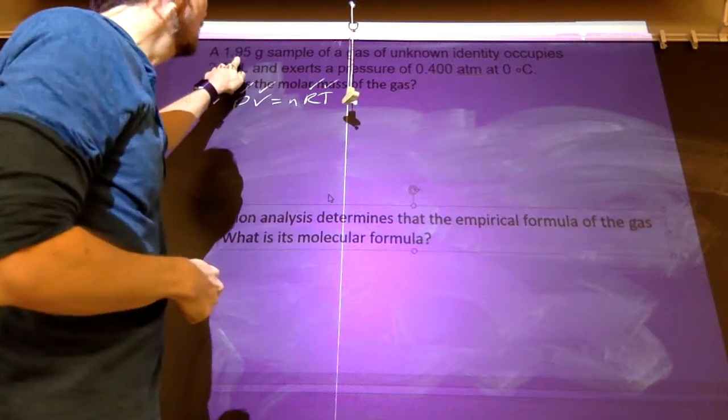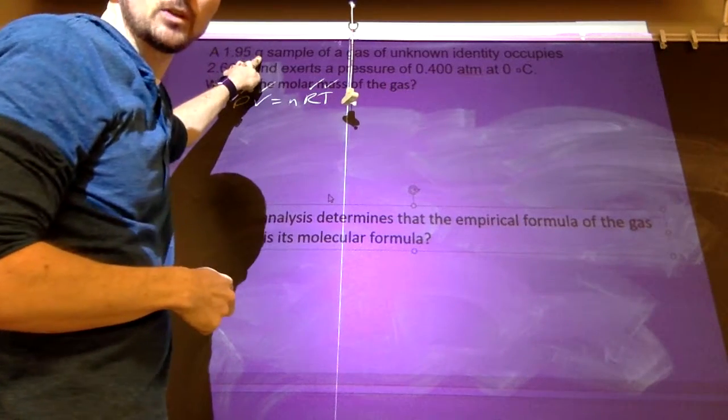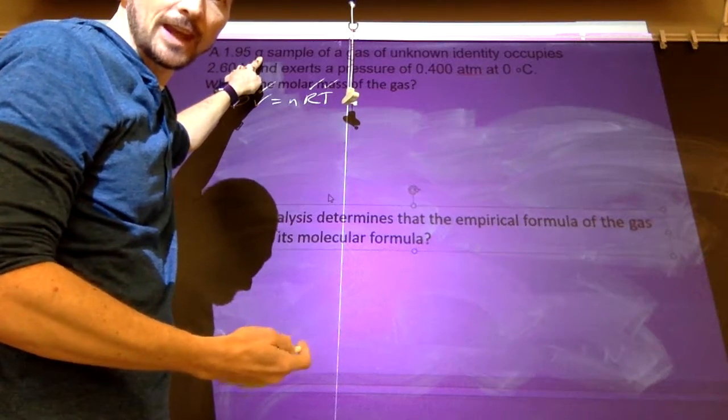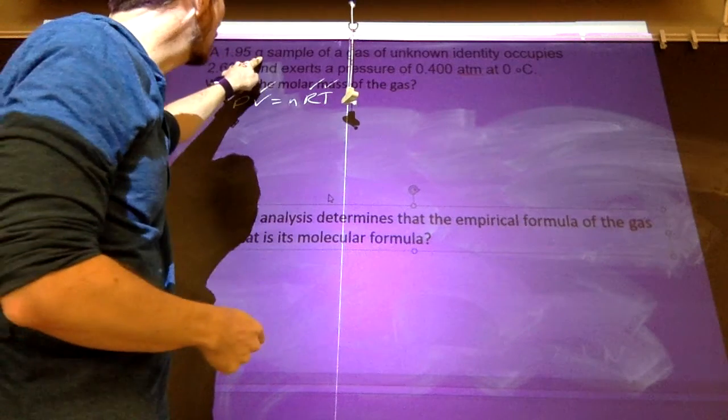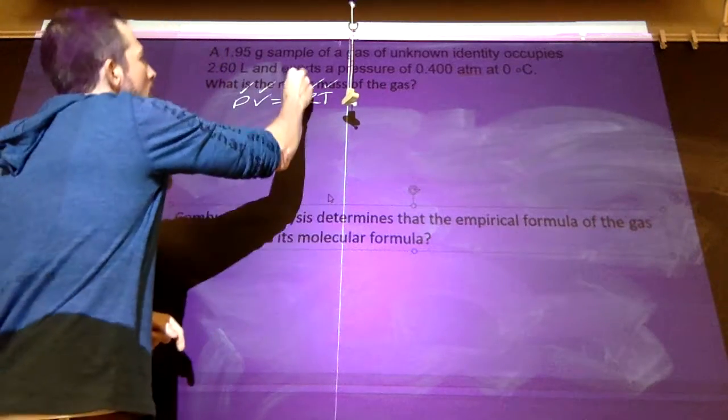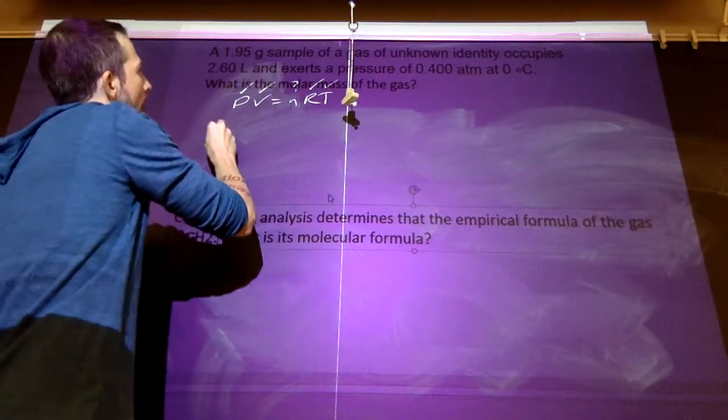I'm given 1.95 grams, and normally I can find the number of moles if I know what the gas is, so I can find the molar mass, but I'm not given the molar mass, so I'm going to solve for my number of moles.